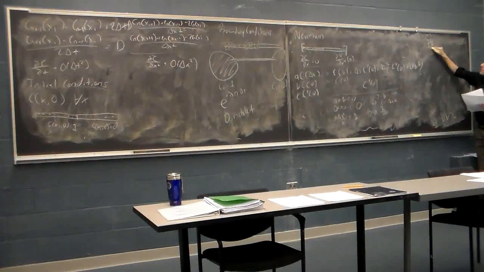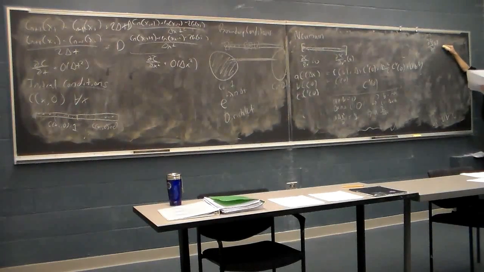D squared C dx squared at spatial point 0 is going to be approximated by 2 over delta x squared C of delta x minus 2 over delta x squared C of 0 minus 2 over delta x C prime of 0.